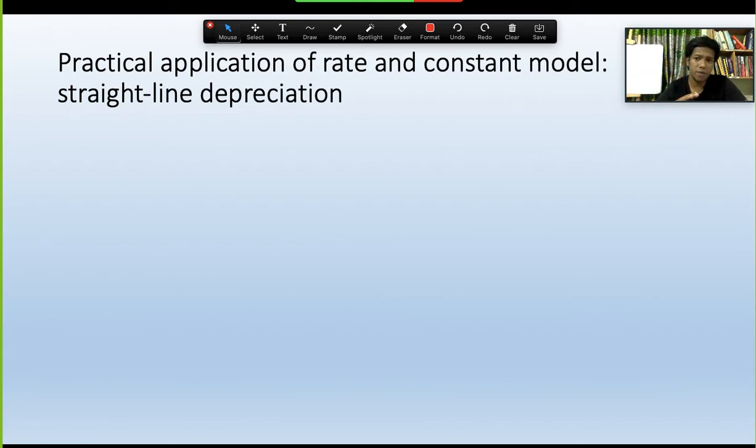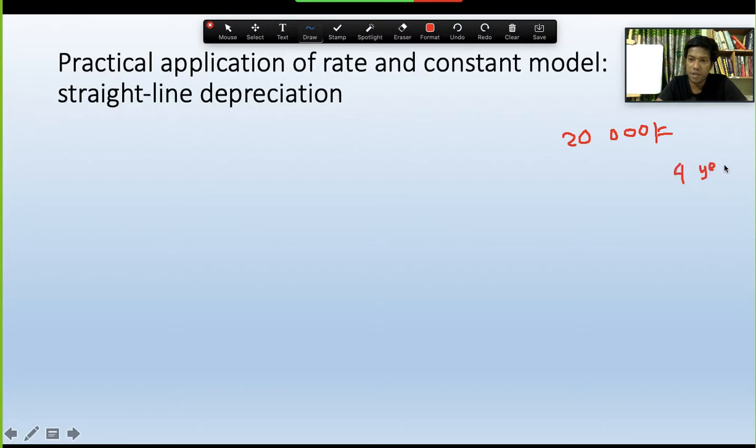So suppose I will use this mobile phone for 4 years. Suppose this 20,000 BDT is the cost of this mobile phone, and I have decided that I can use it maximum for 4 years.